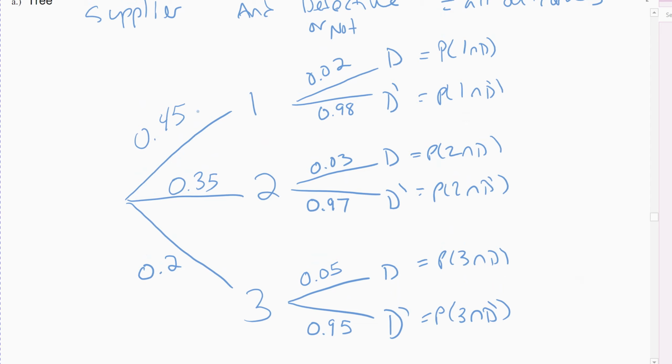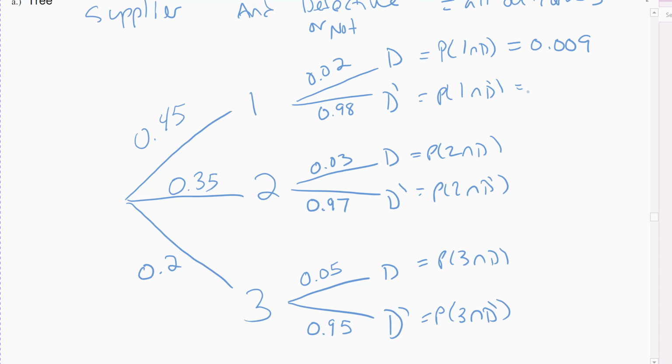So you're going to take your 0.45 times your 0.02. So the probability you have a tire from the first guy and it's defective is very slim. 0.009, less than 1%. So if you pick a tire from this manufacturer, the probability it came from the first guy and is bad is less than 1%, 0.009.